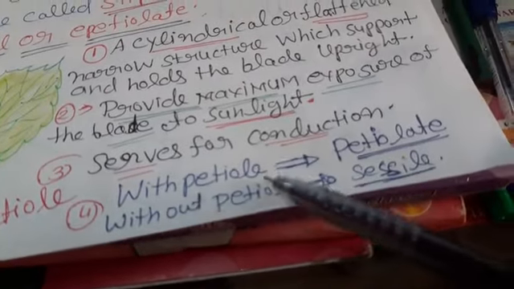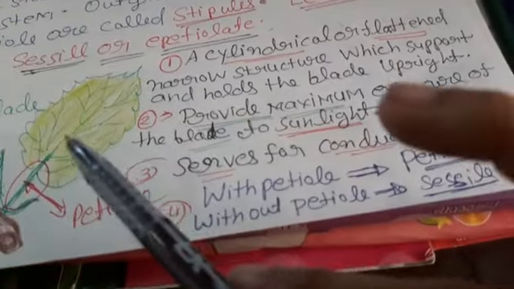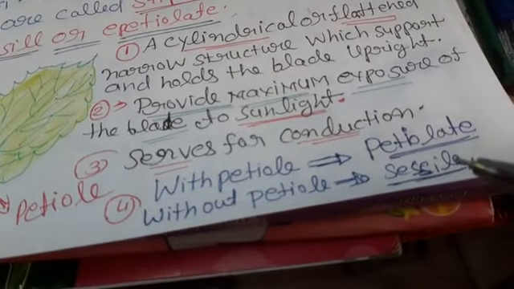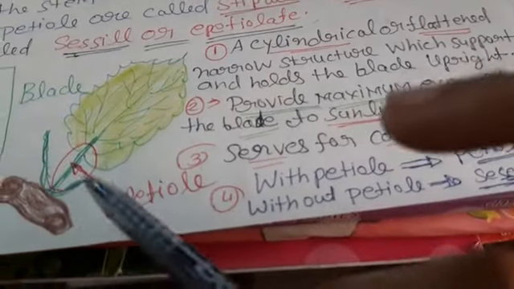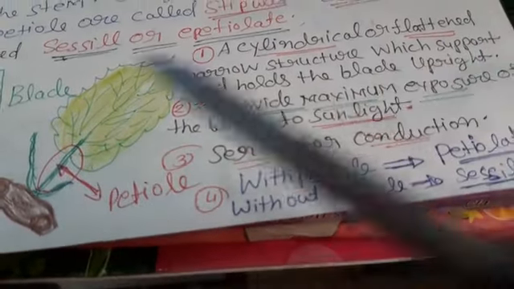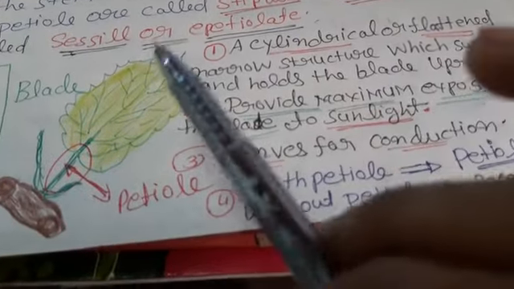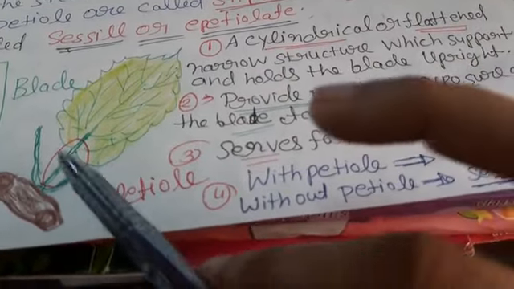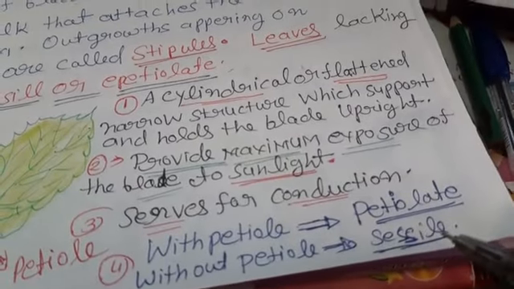Leaves with a petiole are called petiolate, and leaves without a petiole are called sessile.